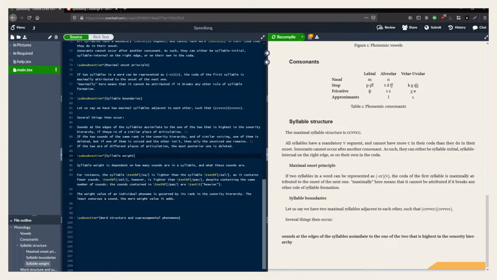I need highest, lowest, least sonorous. The word value for an individual phoneme is governed by its rank in the sonority hierarchy. The less sonorous a sound, the more weight or value it adds.